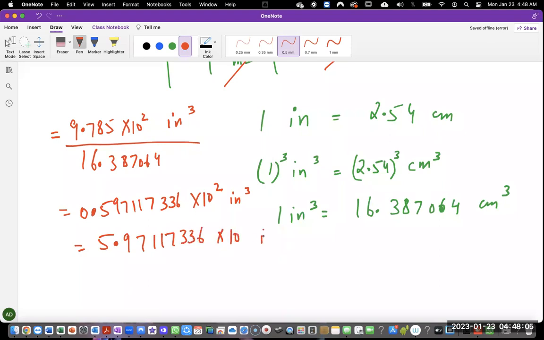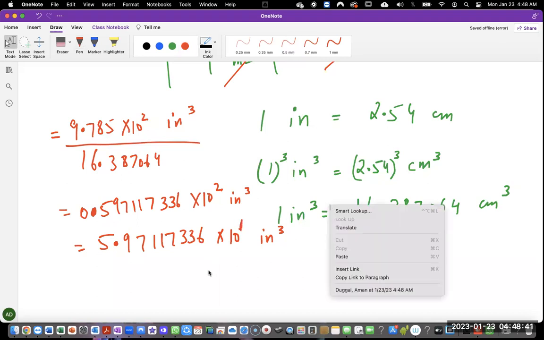So now what we need to do, guys, when we actually are moving the decimal, we need to do something with the exponent, right? If you made this number bigger, you have to make the exponent smaller. What does that mean? That if you're moving the decimal to make the number bigger, you have to make the exponent smaller. So 10 to the power 2 will become 10 to the power 1.